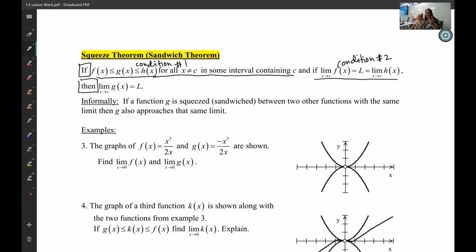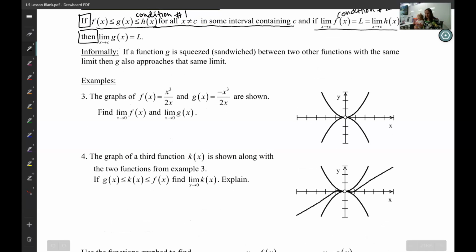So, we have 3 functions going on in this theorem. I have f of x, I have g of x, and I have h of x. The idea behind it is that f of x is my equation that's on the lower end. H of x is my equation that's on the upper end. And g of x is my equation that's between them. So, for example, I can look at these pictures.